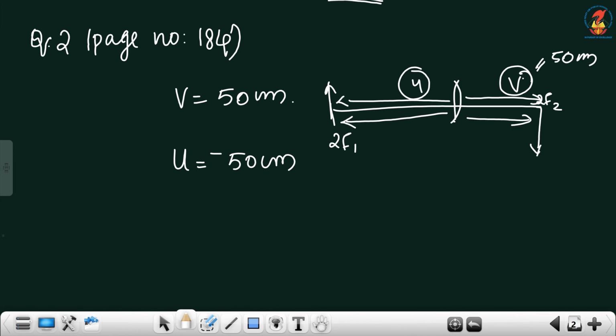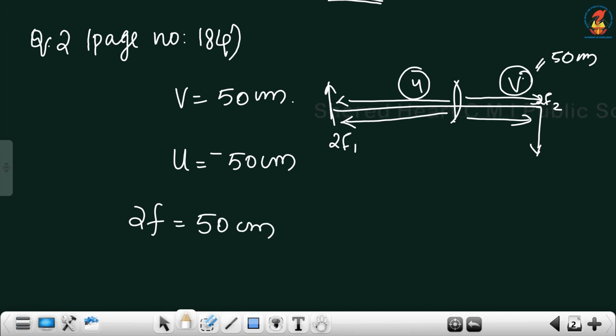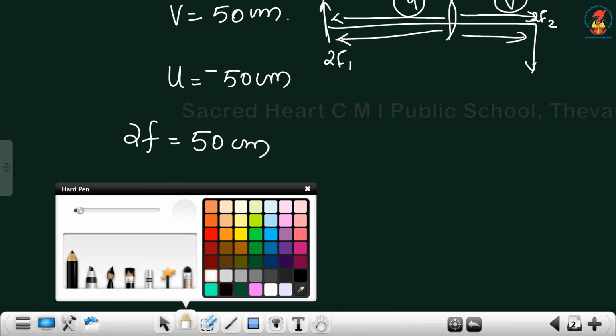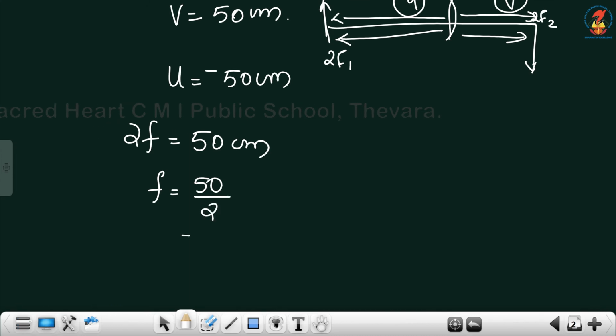So, what is f1 and f2? That is 2f equal to 50 centimeter. So, what will be f? F equal to 50 by 2, that is equal to 25 centimeter.